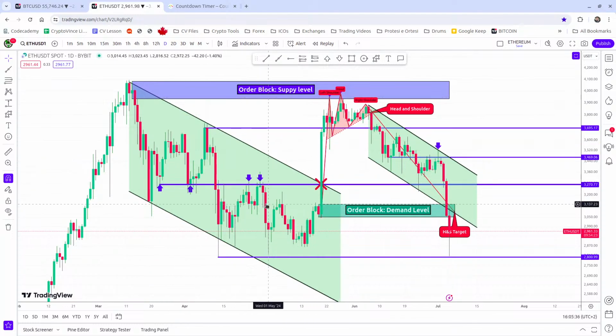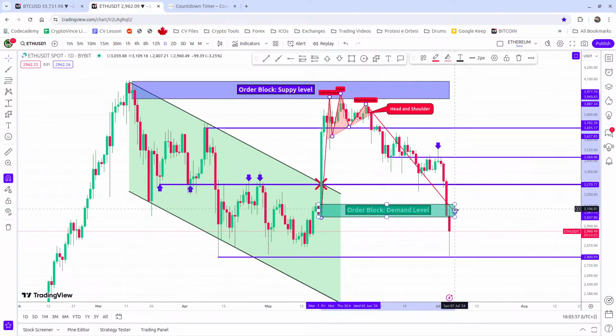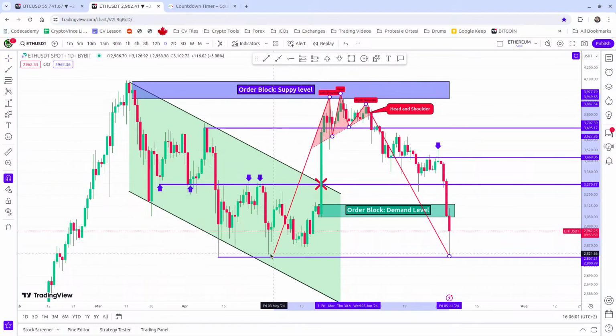This was a perfect bullish flag: two touches on the top, two touches on the bottom, and it exploded. This I can actually cancel because it's not relevant anymore. And the head and shoulders actually extended all the way down, so if I had to trace it right now, it would be this one.